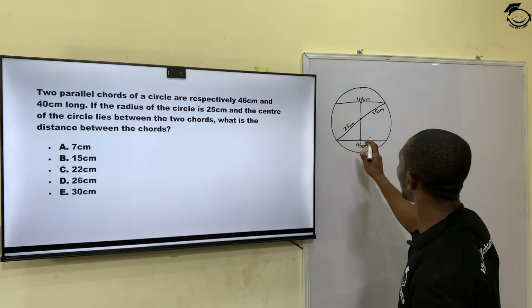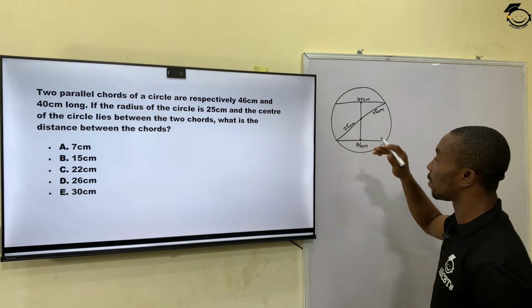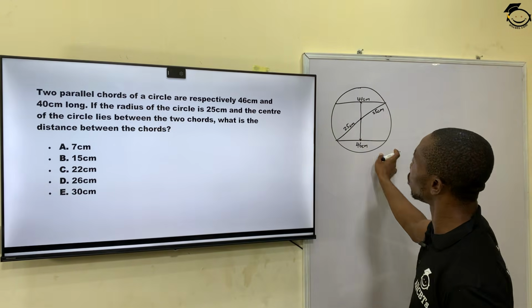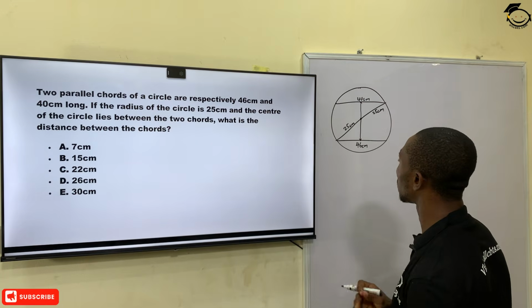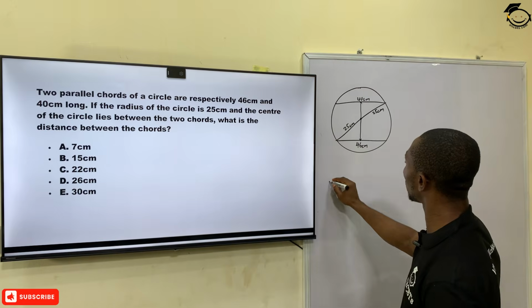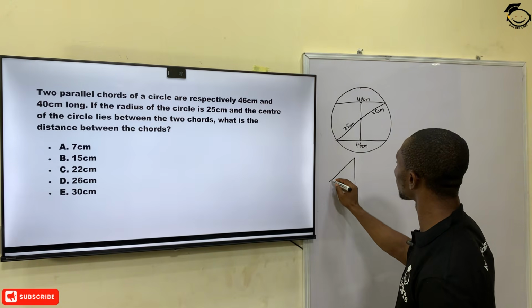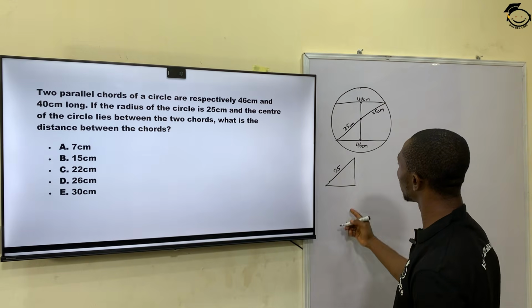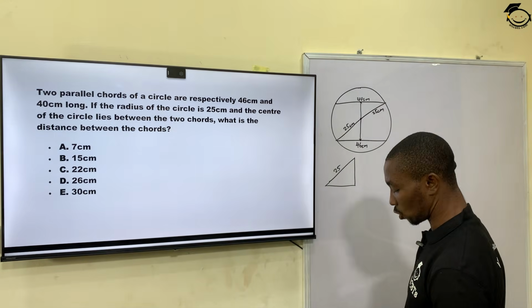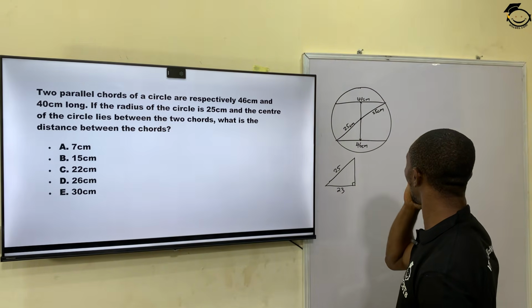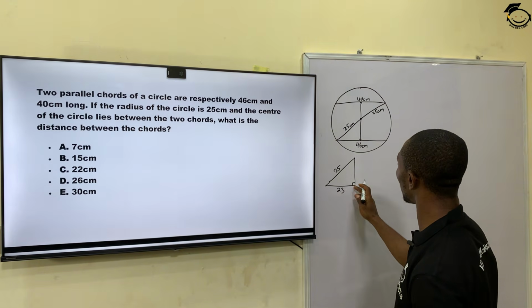Now, since any line from the center of our circle to our chord bisects our chord into two equal parts, which means the line is perpendicular to the chord, we can have a right angle triangle in this form, with 25 being the radius and 46 divided by 2 will give us 23, being adjacent or opposite, whichever we choose.